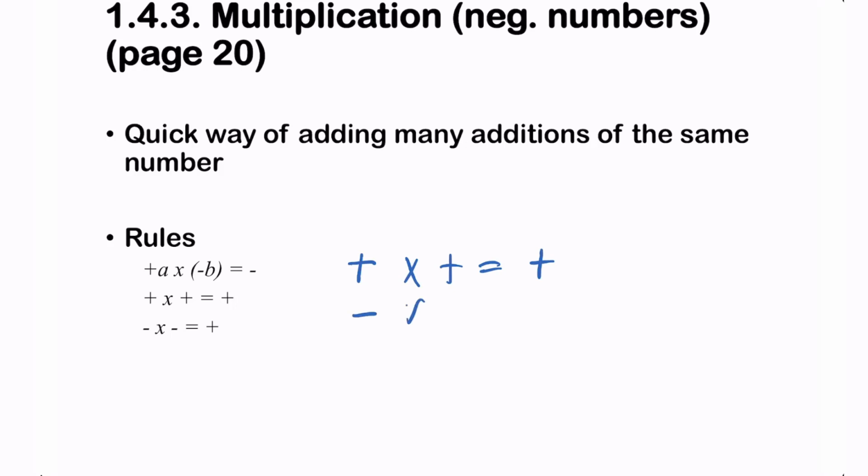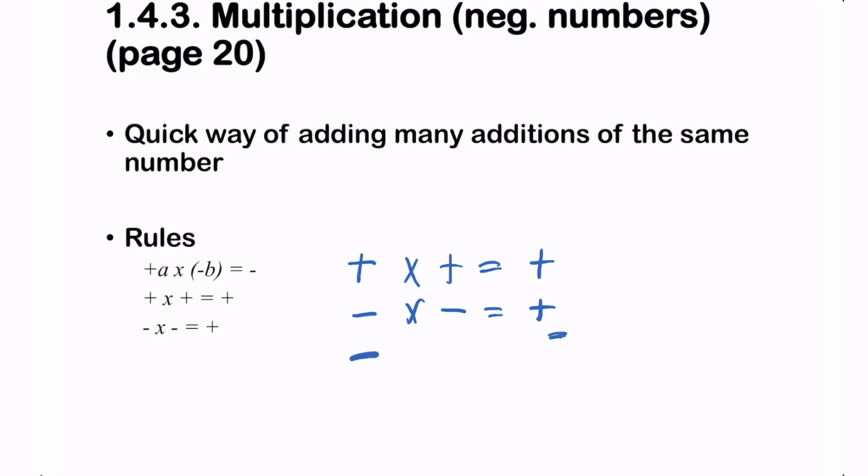A negative times a negative equals a positive. So every time you multiply a positive integer by a positive integer, it's a positive, and every time you multiply a negative integer by a negative integer, the answer is a positive.